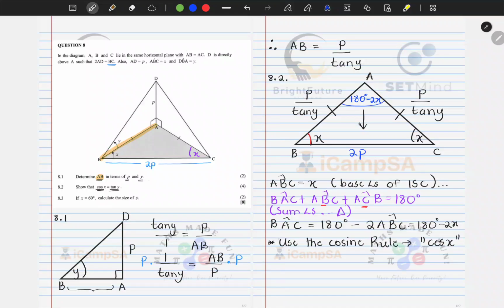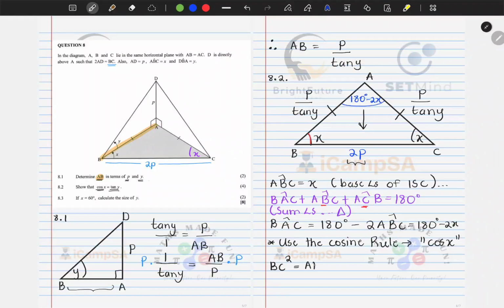So what do I mean? It means the opposite side, which is 2p, it is just going to be 2p squared according to the cosine rule. It will be equal to, maybe let's write it first in terms of the sides. So it's going to be BC squared equals, remember your cosine rule, you must have the two sides and an included angle.